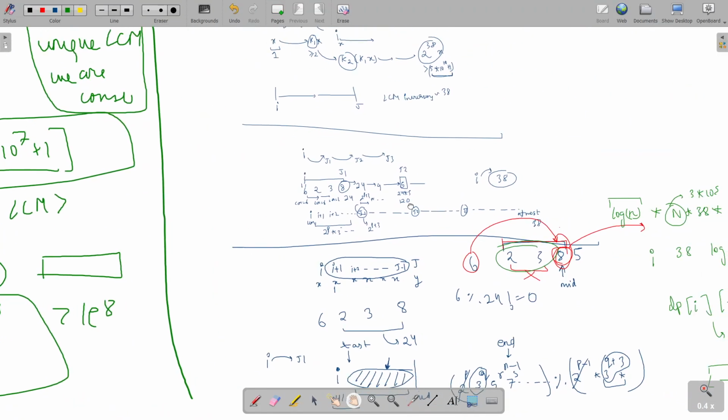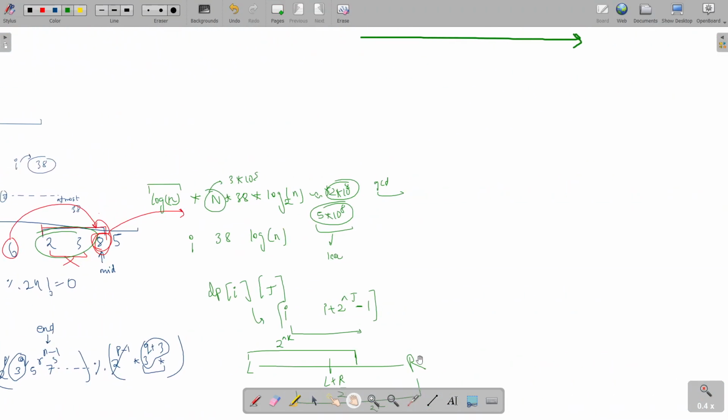So when we are making a query for L to R, we find a power of 2 such that if we do L plus 2 to the power k minus 1, then that should be, I think, greater than (L plus R) by 2, if I am correct. Yeah, I'm quite sure that's the thing.